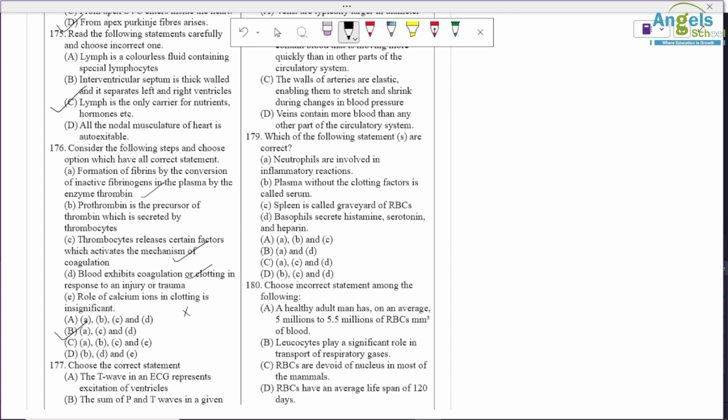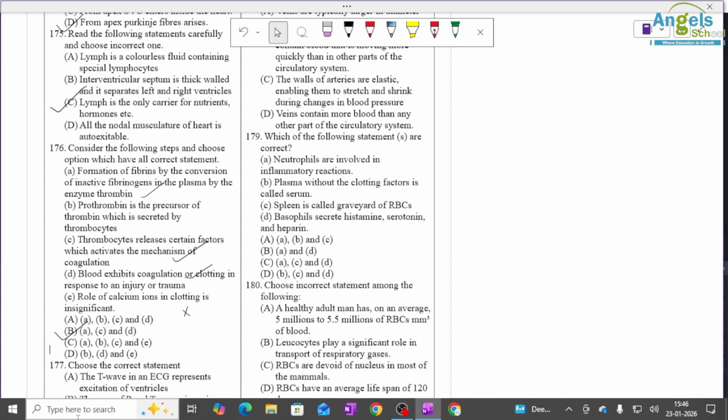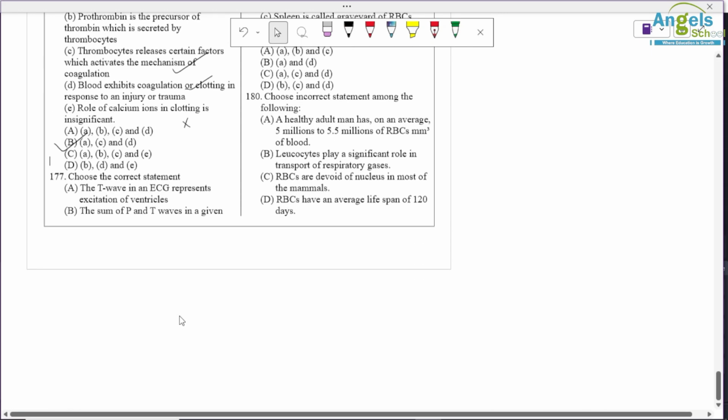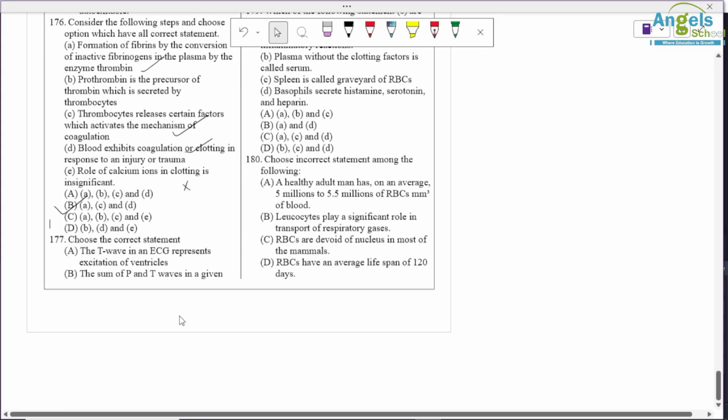Question number 177. Choose the correct statement. The T wave in ECG represents excitation of ventricles. Wrong option. The sum of P and T waves in a given time period can determine the heart beat rate in an individual. Wrong option.